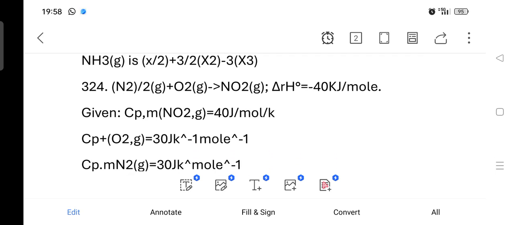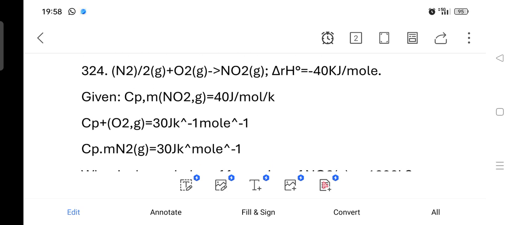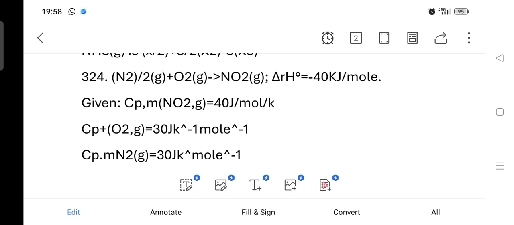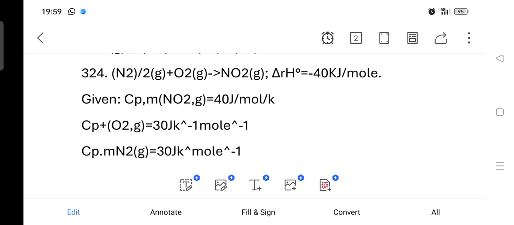N2 gas plus 2 O2 gas gives 2 NO2 gas. Delta rH degree is equal to minus 40 kJ per mole.